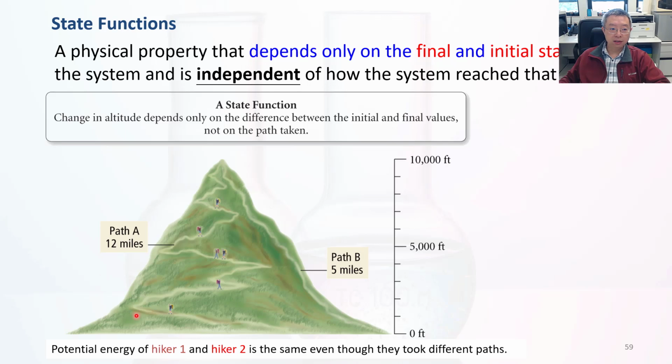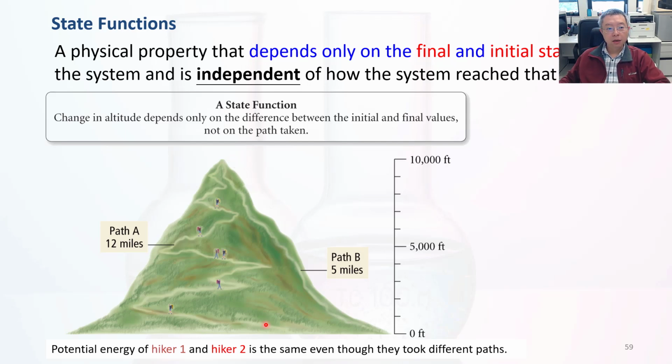One example of state functions versus path functions: a state function is, say, how much potential energy a person has going from here to here. It only depends on where this person is. The total energy is mgh, the mass times gravitational acceleration times the height.